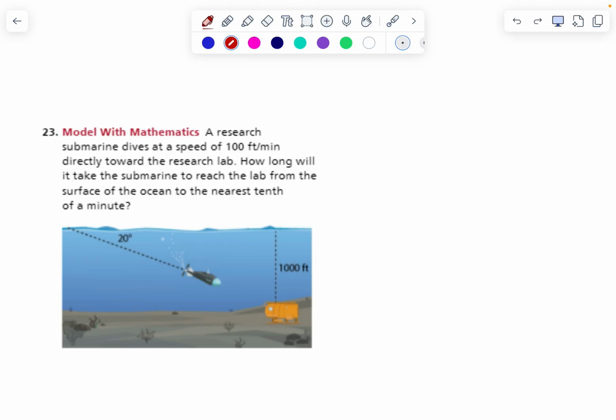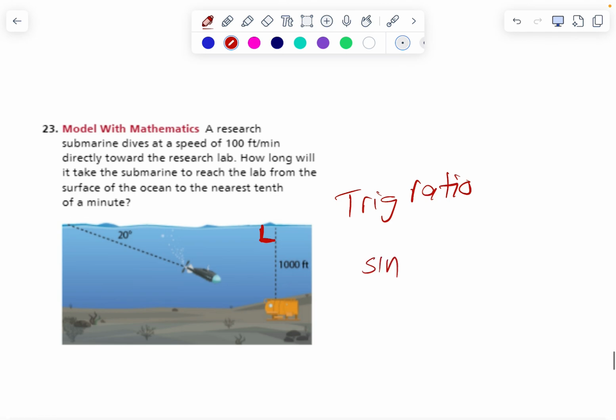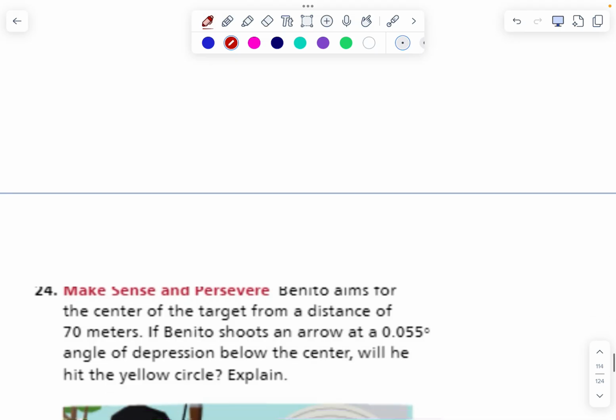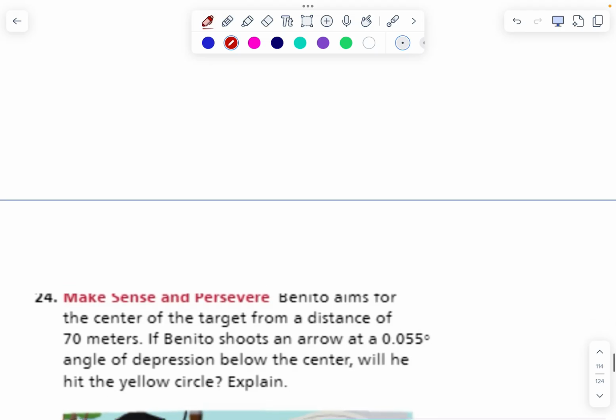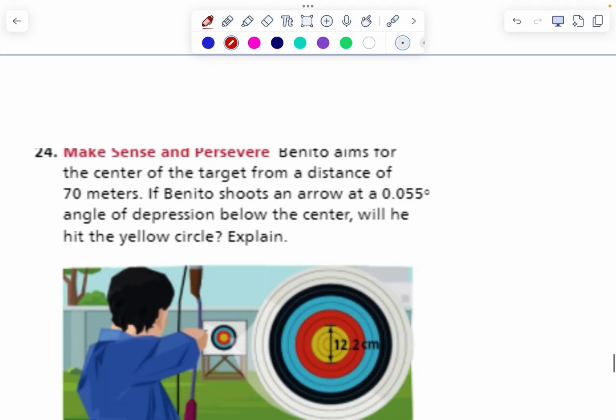Trig ratios. This thing is perpendicular up here at the top. So this is trig ratios. Which one? Opposite over adjacent, so that would be sine. Okay? Is this helping? Think through that algorithm.